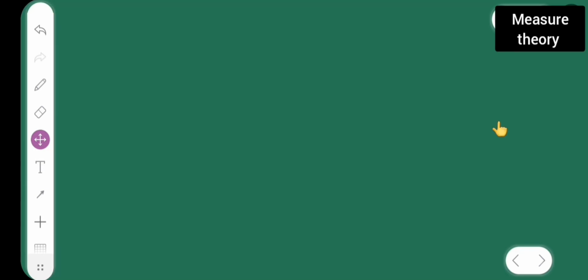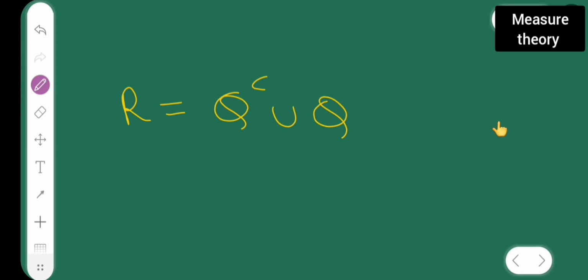Now R is equal to the set of real numbers, the collection of irrationals and rationals, right? And if we add these two symbols to it, what will happen?